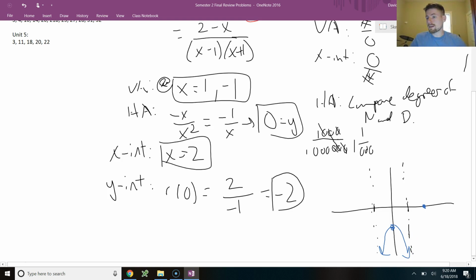And then we analyze what's happening on either side of these asymptotes, and we can plug numbers in if we need to.